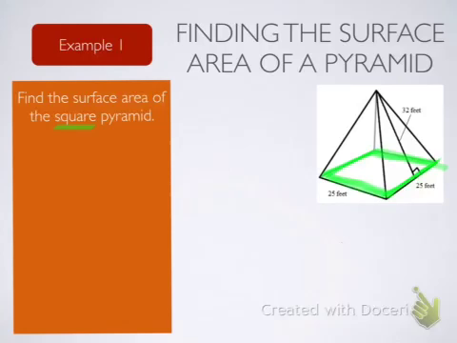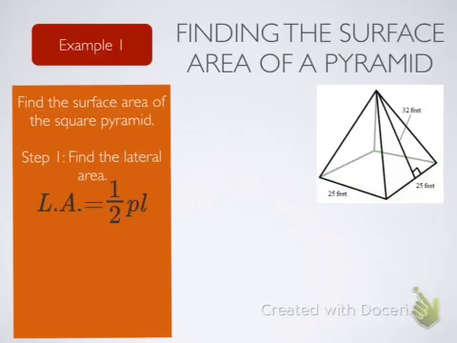So we're going to use our first step, which is to find the lateral area. So our formula to find lateral area is 1/2 of the perimeter of our base times the slant height of our pyramid. So let's go ahead and start with the perimeter.